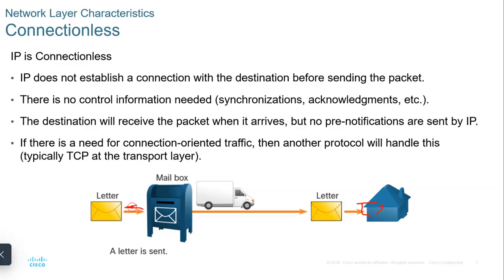Whoever is sending a letter will not first confirm, are you at home? Are you free? No. This person will just write the letter and drop it in the mailbox, and that is it. The delivery service van will come, pick it up, and deliver it.